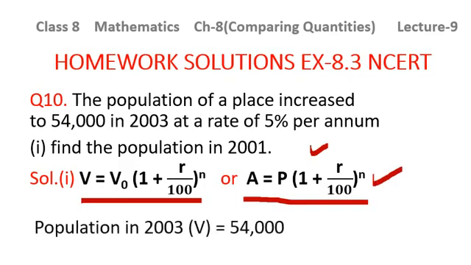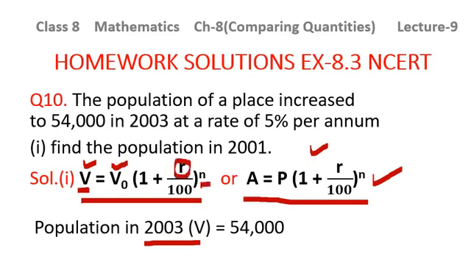So here we are supposed to find the population in 2001, and the population in 2003 is given to you. Dear children, I told you in the previous lecture that this value is the value after n years. So this is your population in 2003, this is your population in 2001, and the rate R is given to you.